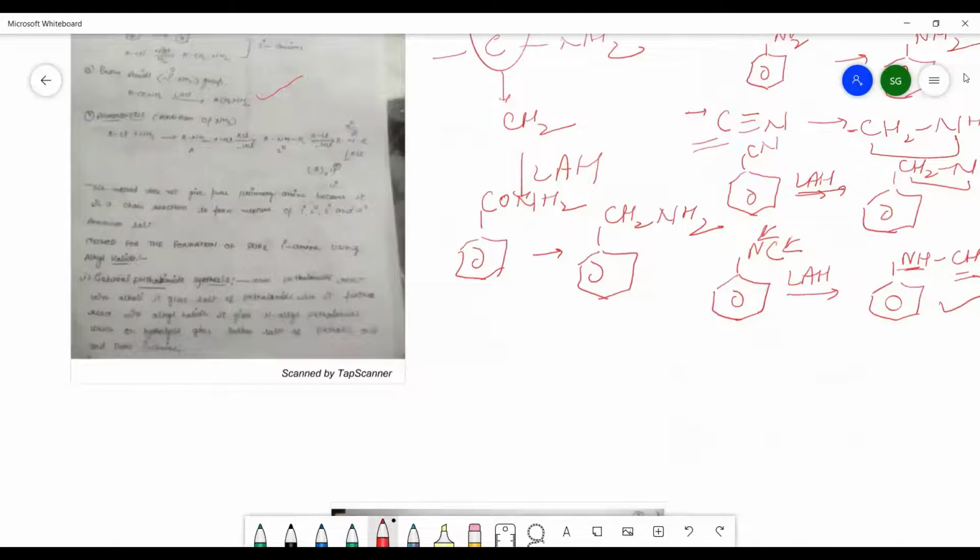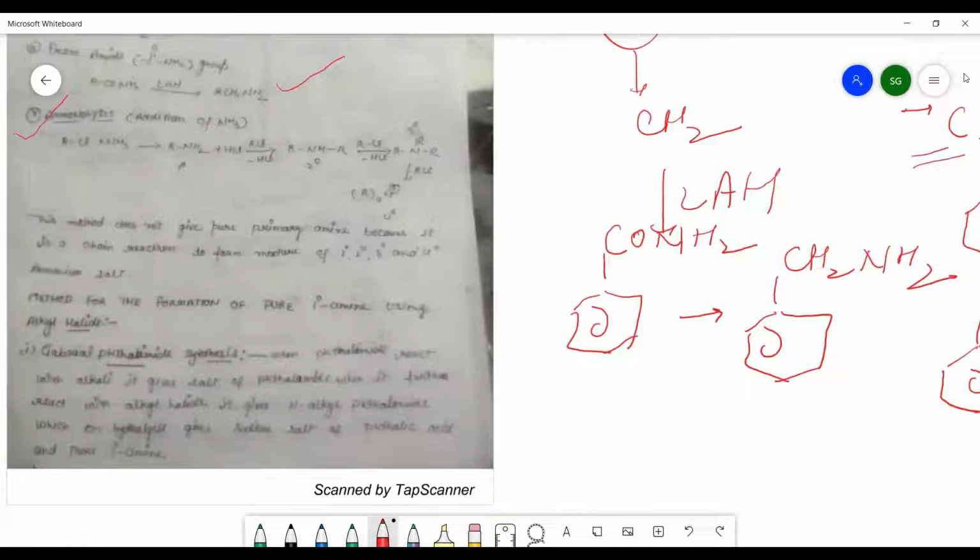Another preparation of amines is the ammonolysis process. Ammonolysis is the process in which we add ammonia, and we have to take alkyl halides like RCl.